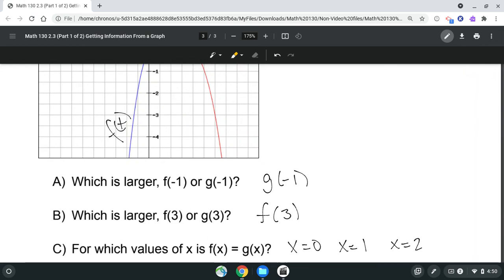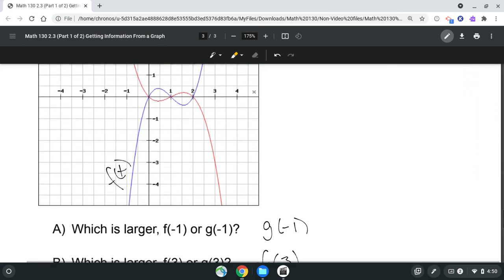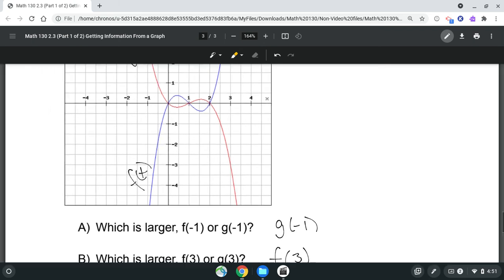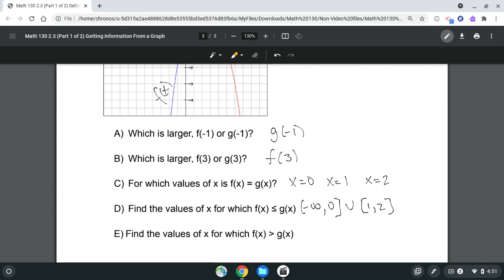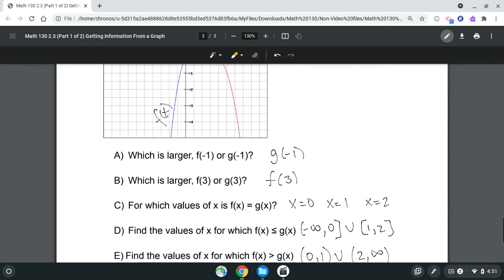When we look at this, the blue function is higher than the red function right in here from 0 to 1, but not here, and then here from 2 to infinity. So 0 to 1 and 2 to infinity. This is strict inequality, so no brackets at all.